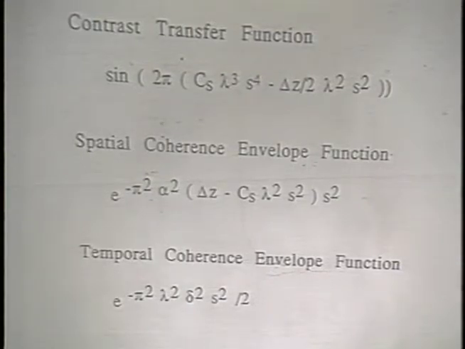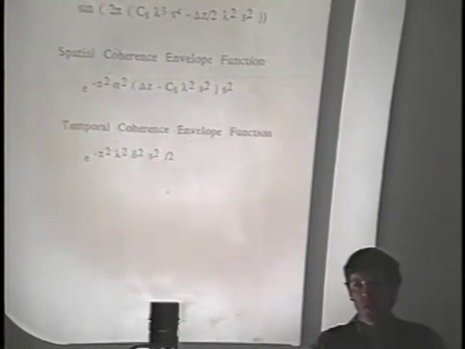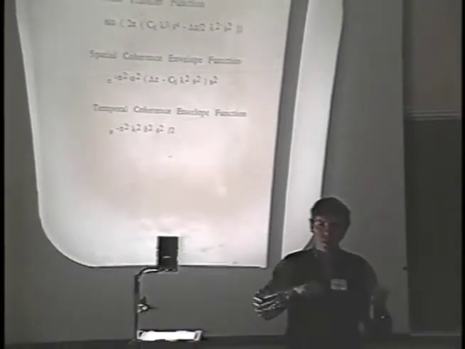increased resolution. The spatial coherence envelope has to do basically with, or arises from the fact that the electrons come into the specimen from essentially different angles.